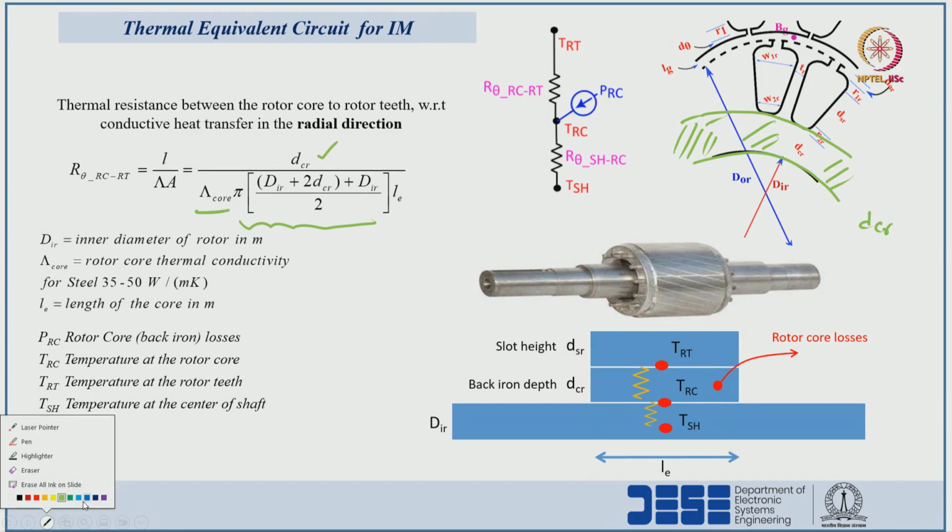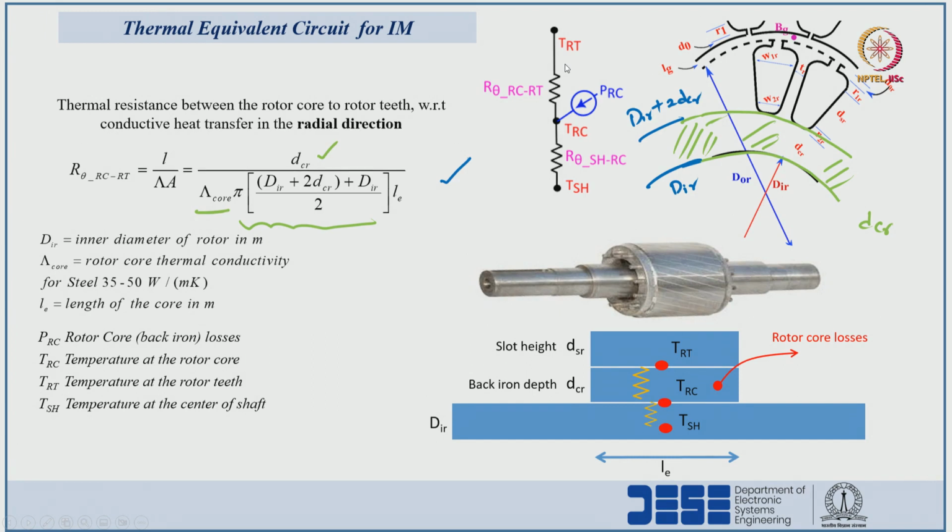For the inner circle the diameter is dir, and for the outer circle it is dir plus 2 dCr. So we calculate the mean diameter by adding these two terms and dividing by 2, times the length in the y direction. Then we can find the thermal resistance between rotor core and rotor teeth.